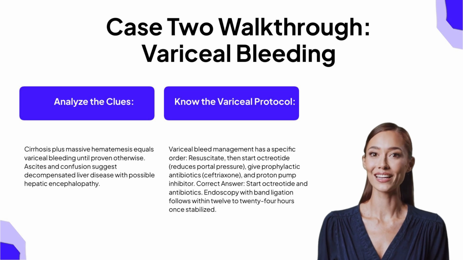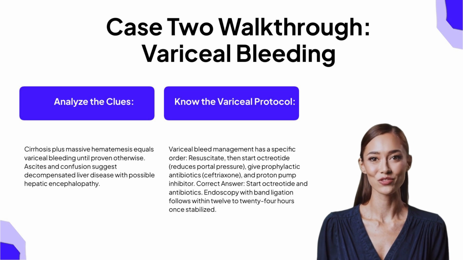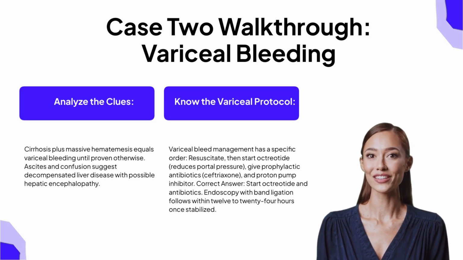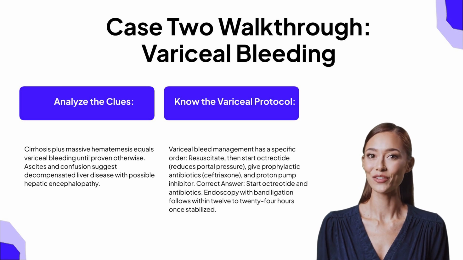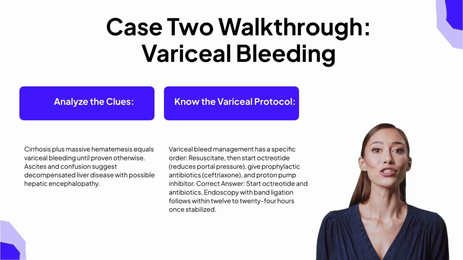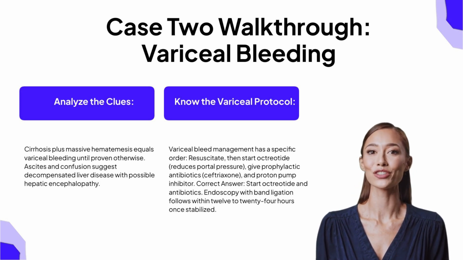Let's analyze this case. The combination of cirrhosis plus massive hematemesis equals variceal bleeding until proven otherwise. The ascites and confusion suggest decompensated liver disease with hepatic encephalopathy. Now here's the key test point. Variceal bleeding has a specific management protocol.